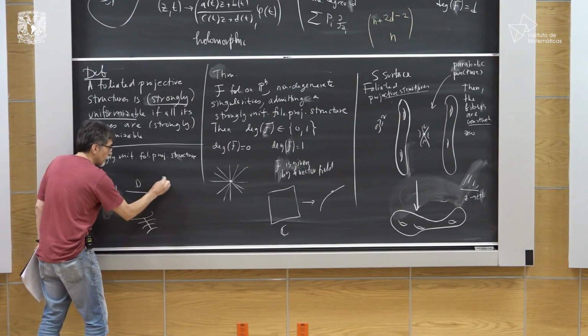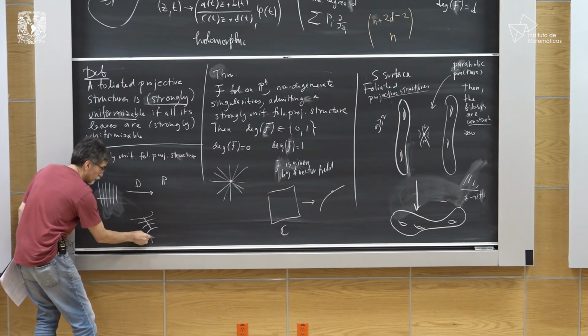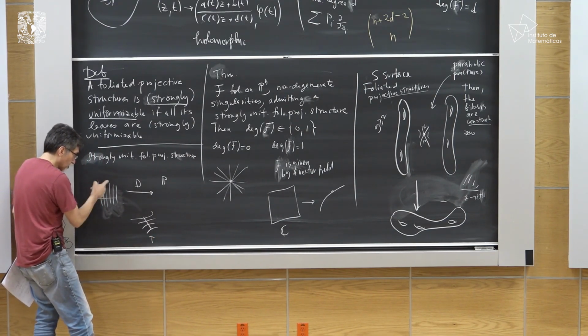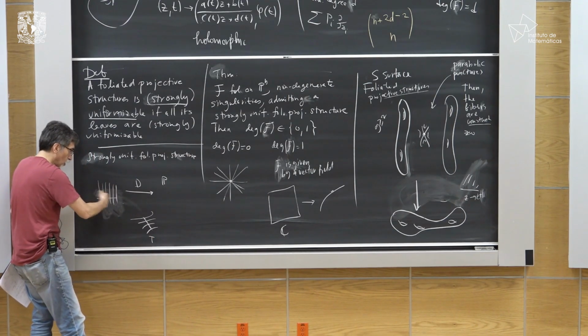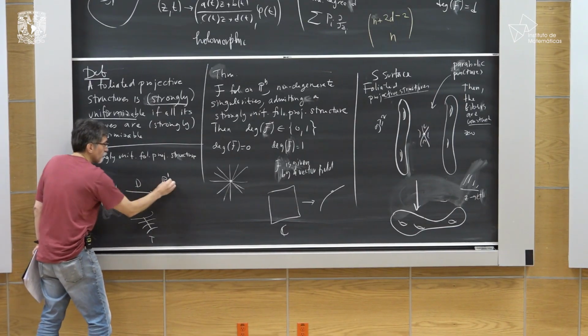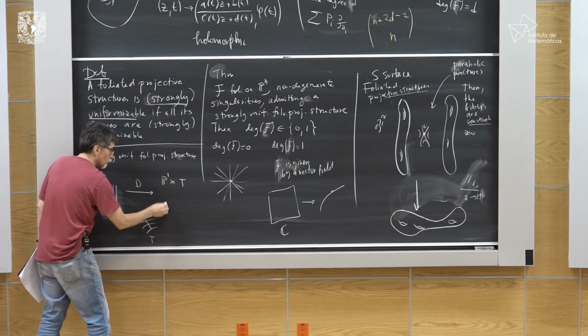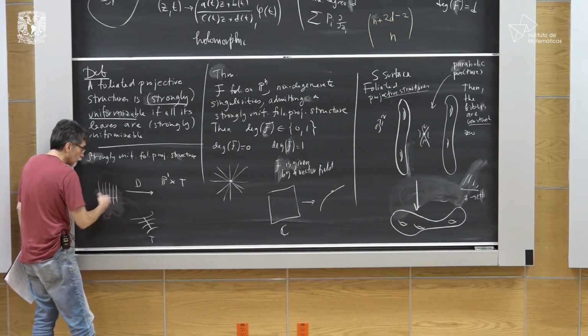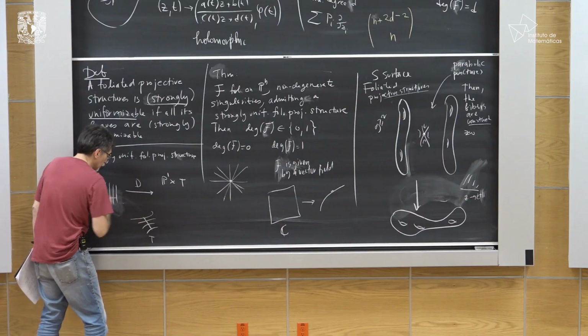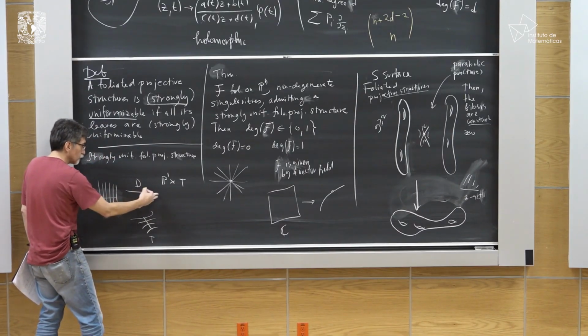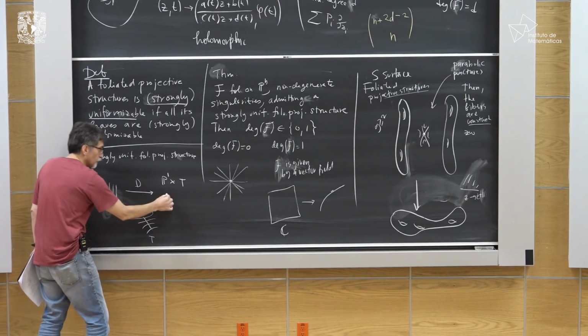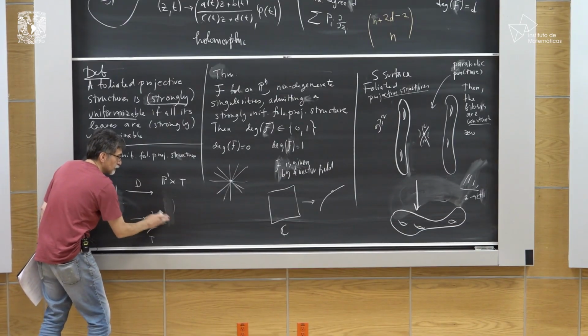And this developing map, if your transversal here is T, here you have your covering, the covering tube, and you have a developing map taking values in P1 cross T, holomorphic, mapping each leaf to its universal cover, each universal cover into the disk that uniformizes it.